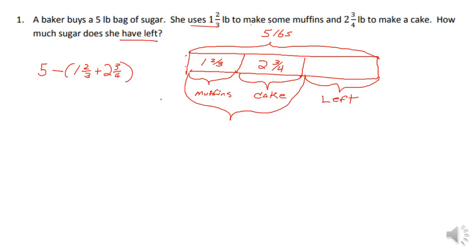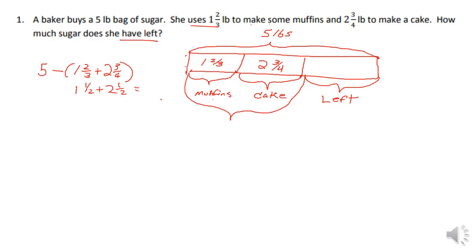Okay? Now, if I see here, this is 1 2/3, and 2/3 is greater than half. And I have 2 3/4, and I know 3/4 is greater than half. So now I know that I'm going to have a number that is greater than 1 1/2, and this one's greater than 2 1/2.